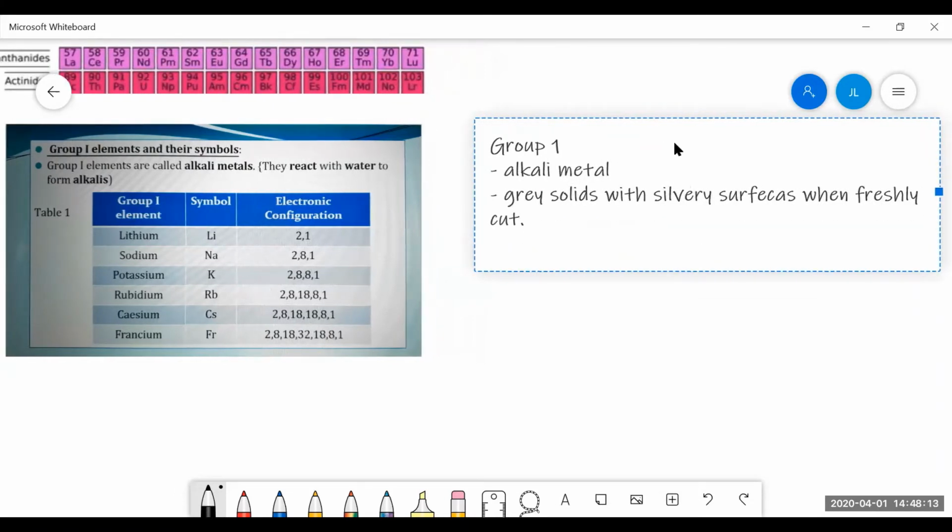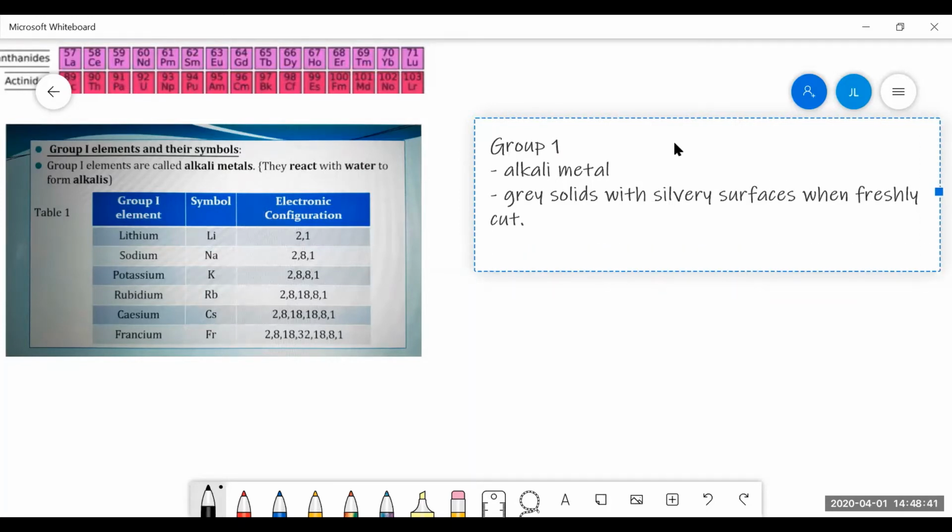Now it quickly turns dull due to oxidation. It is oxidized by oxygen in the air. So it is only when it is freshly cut that you can observe the silvery surface. You spelled surface wrong.